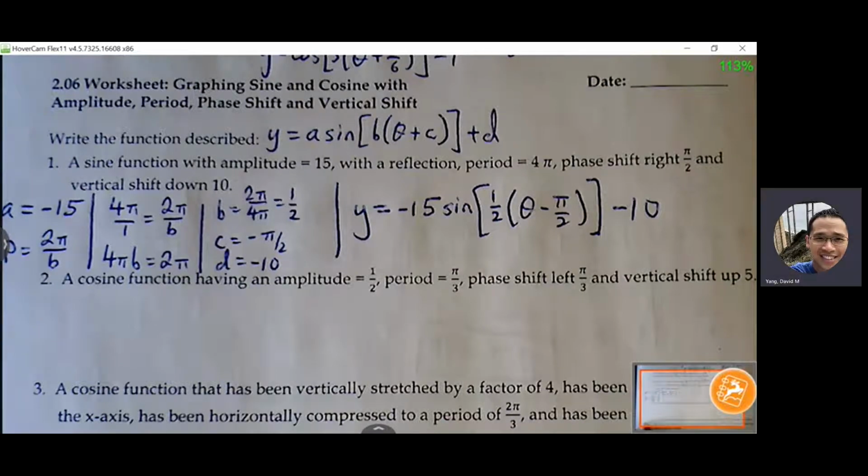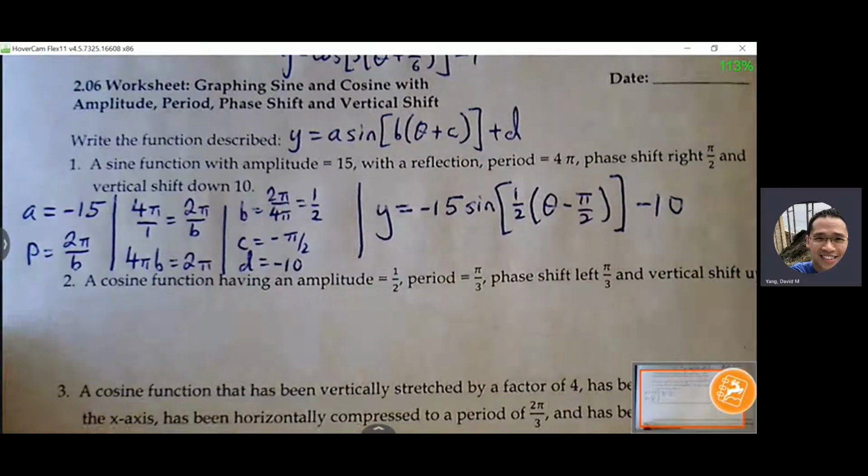Read number 2. See if you're able to do that on your own. I will work it out at the same time that you guys are doing it.